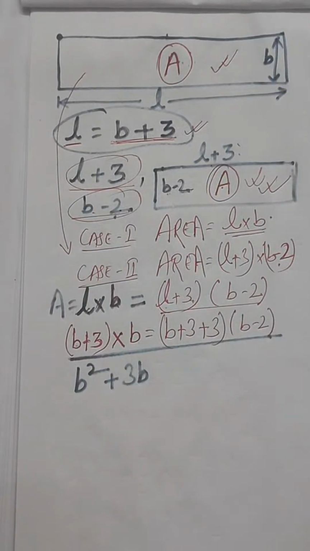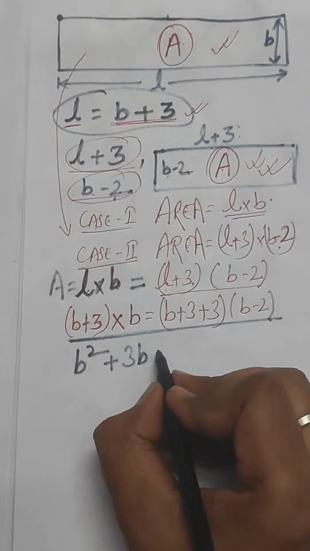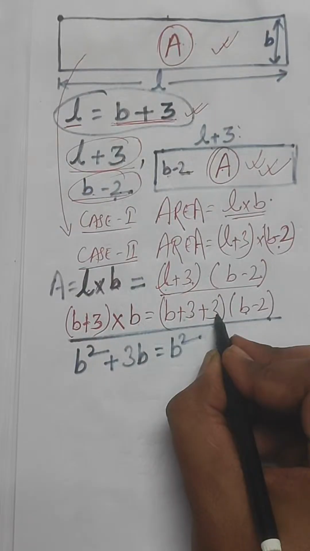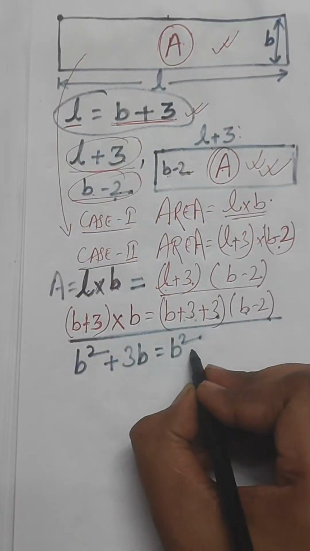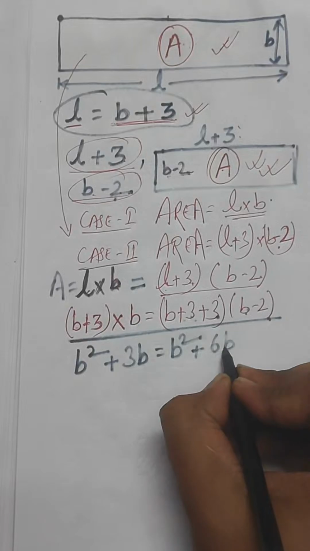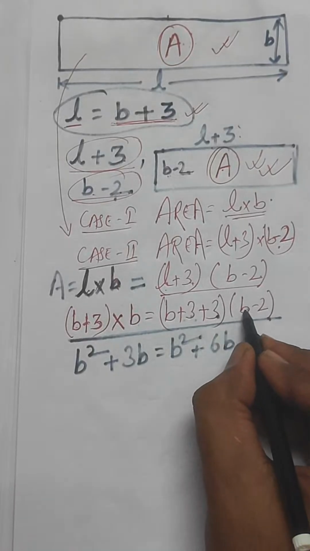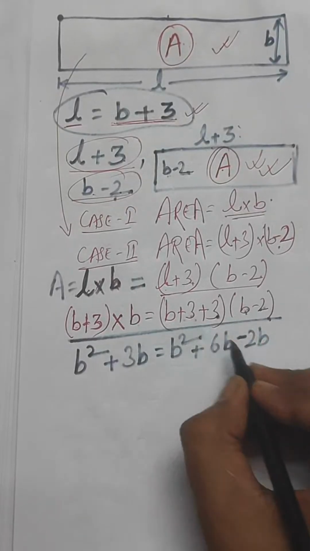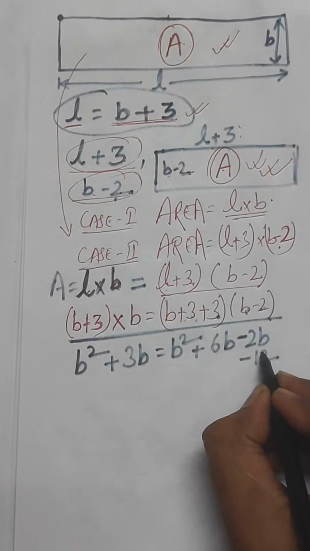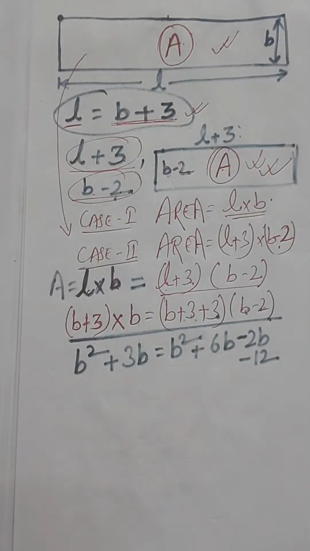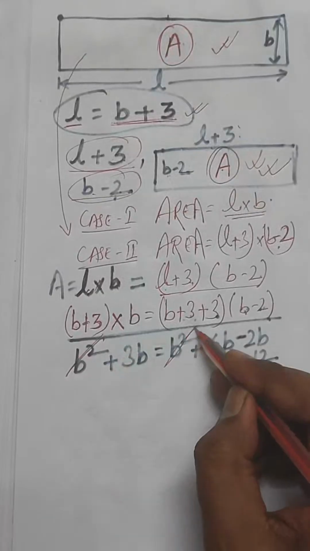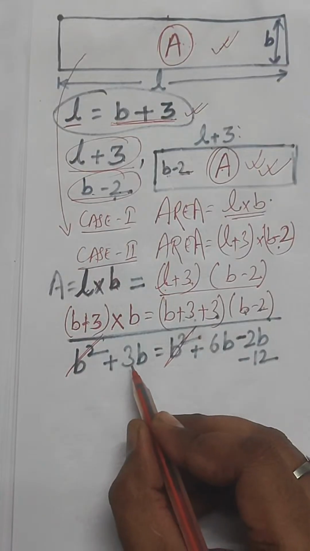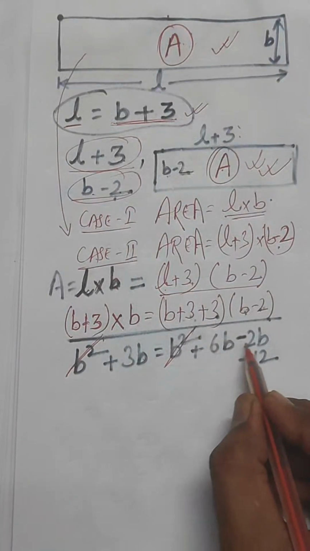And this will be equal to B into B, B square, 3 plus 3 is 6, 6 into B will be 6B, and again minus 2 into B, minus 2B, and minus 2 into 6, minus 12. So here B square and B square will be cancelled, and here we have 3B equal to 6B minus 2B minus 12.